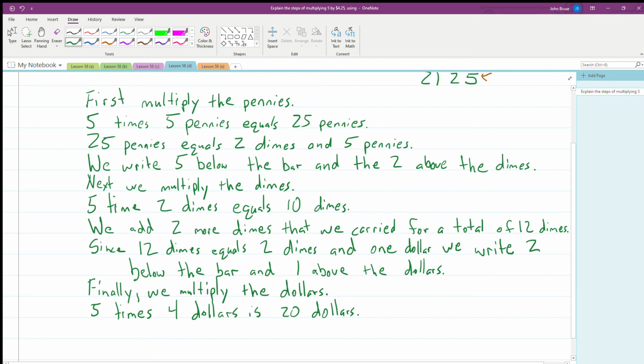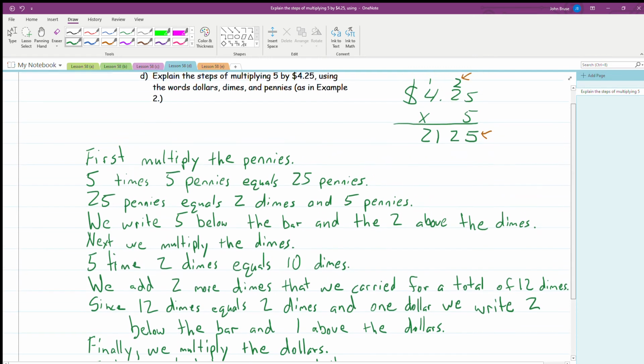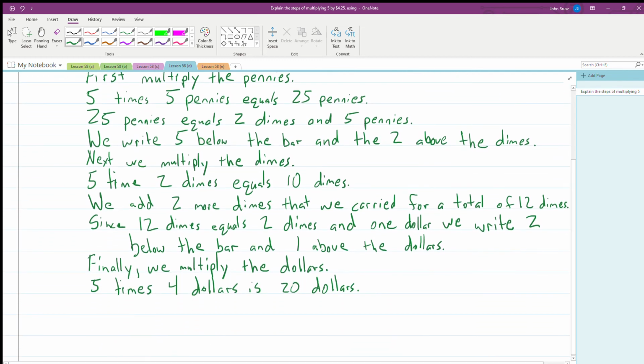And then on our example 2, it says we add the $2 we carried to get a total of $11. Well, in ours, we add $1. So we're going to write we add $1 we carried to get $21.